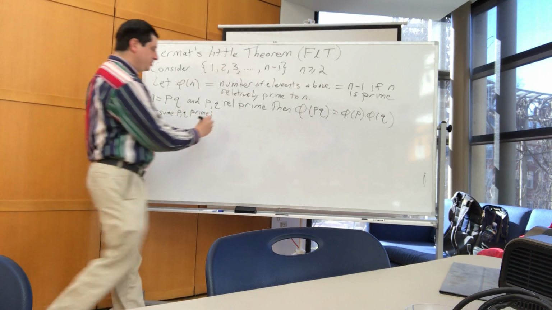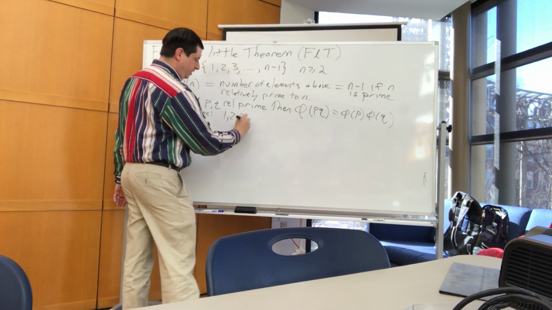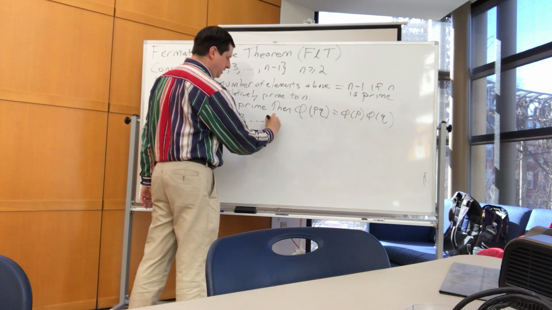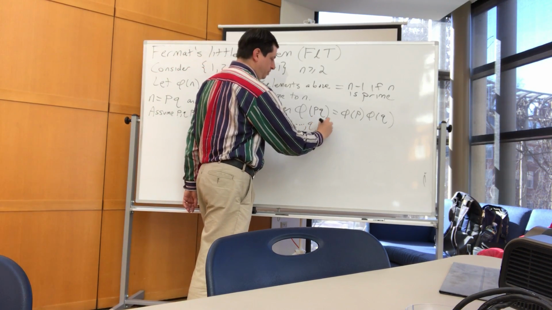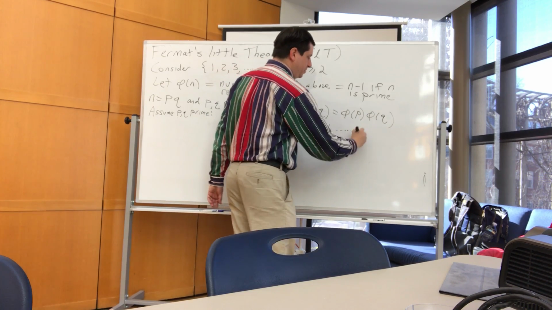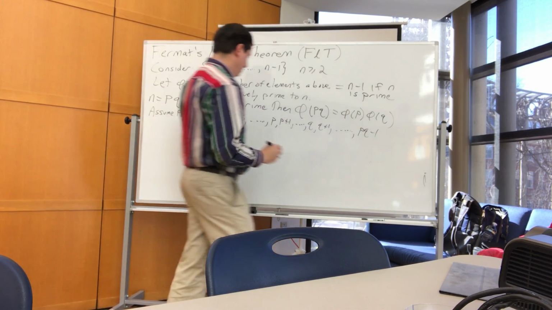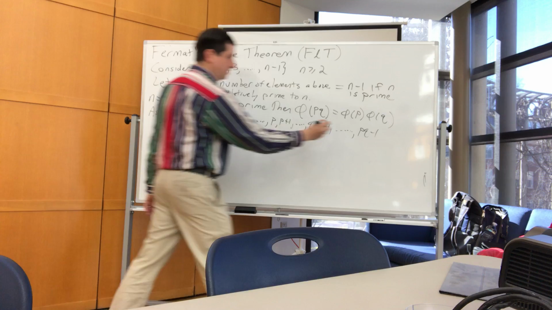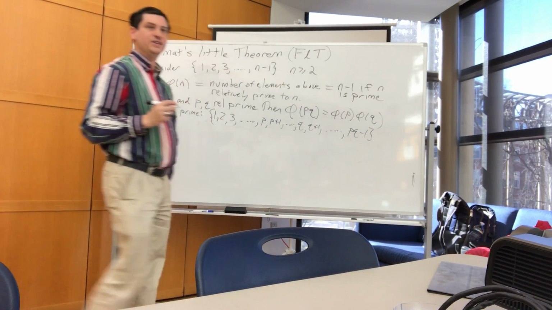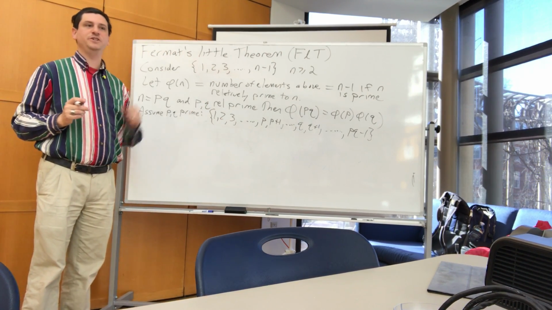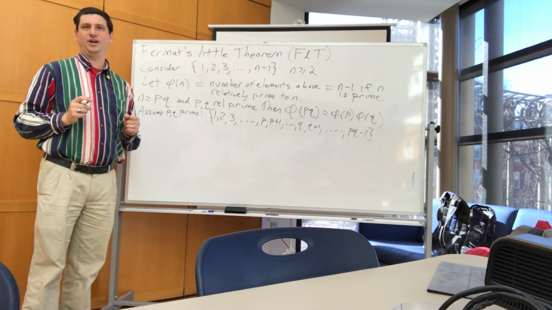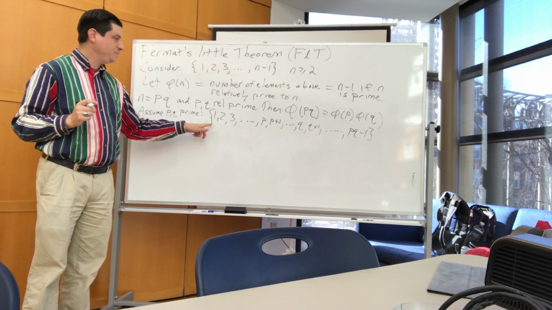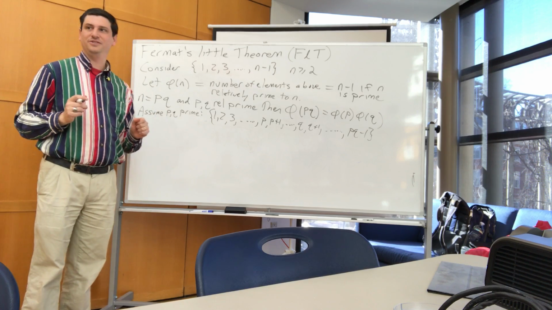All right, so we need the numbers 1, 2, 3, dot dot dot, p plus 1, dot dot dot, q plus 1, dot dot dot, all the way up to pq minus 1. This is going to be our set. And we need to figure out how many of these numbers are relatively prime to pq.